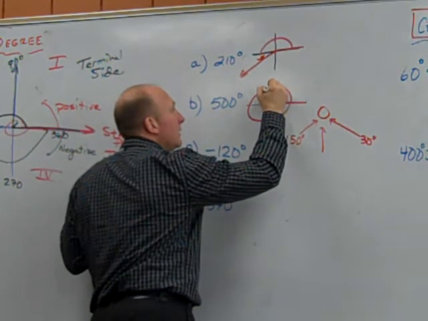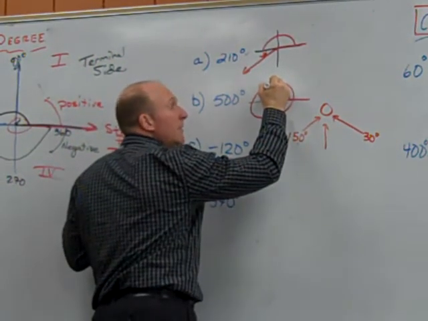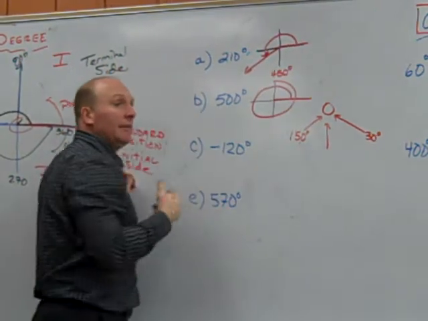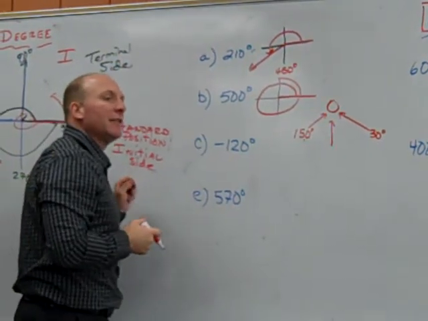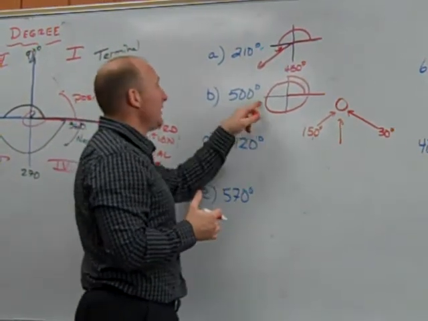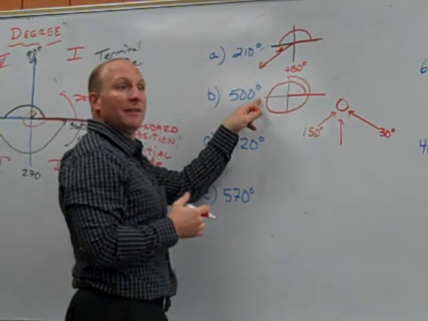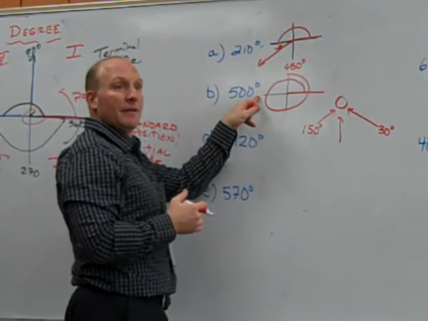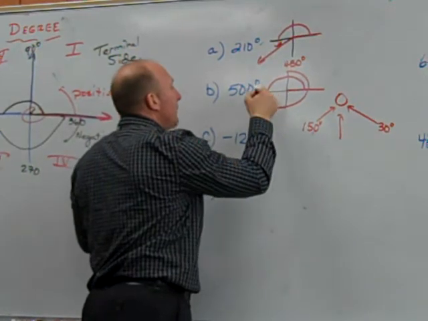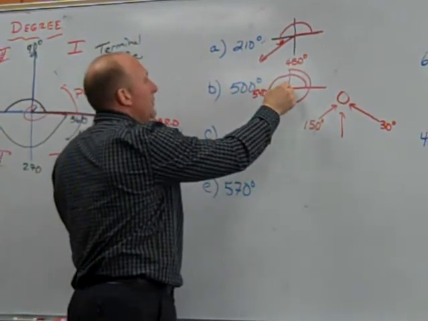What's this? 450. Another 90. Just add 9 to 36. 4 nines, 5 nines. What's this going to be? 6 nines. 540. Thank you for knowing your multiplication facts. So 500 is in between those two.